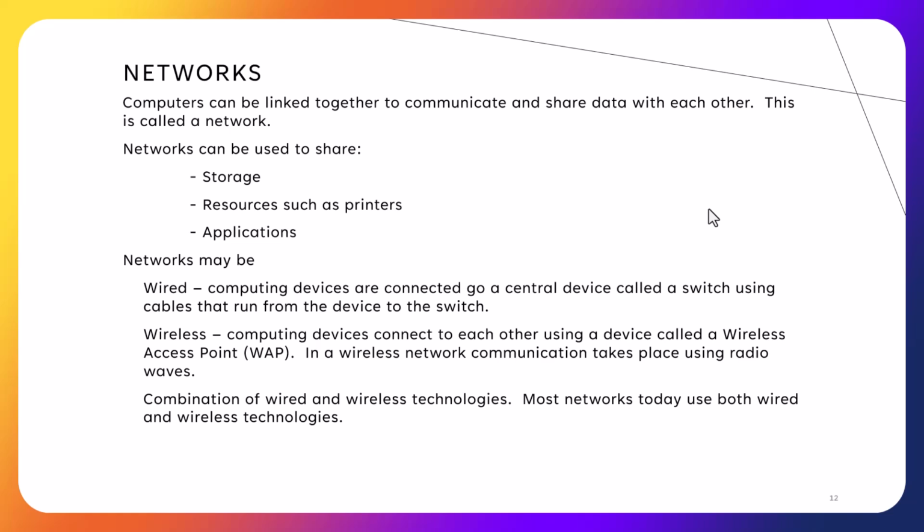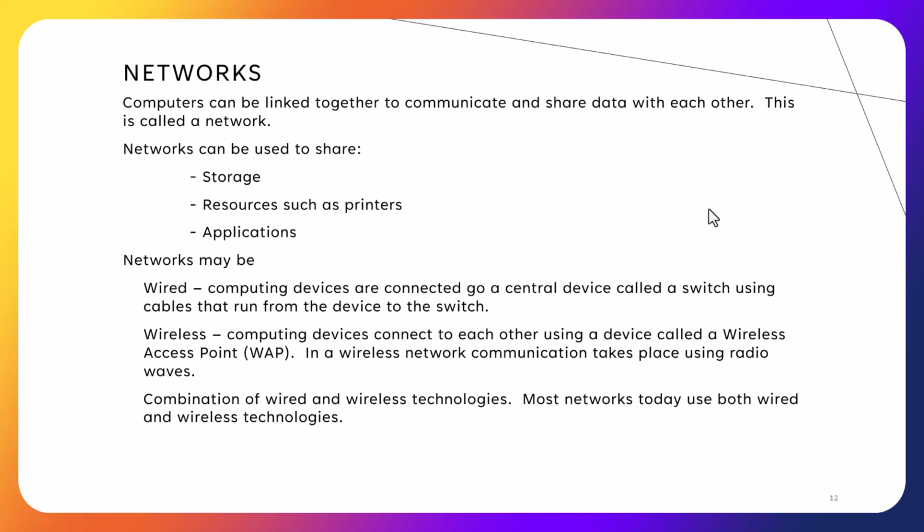When we connect two computers together so they can share data and communicate with each other, we call that a network. Networks can be used to share storage, share resources such as printers, or share applications. They can also share data, which would be a resource. Networks can be wired.